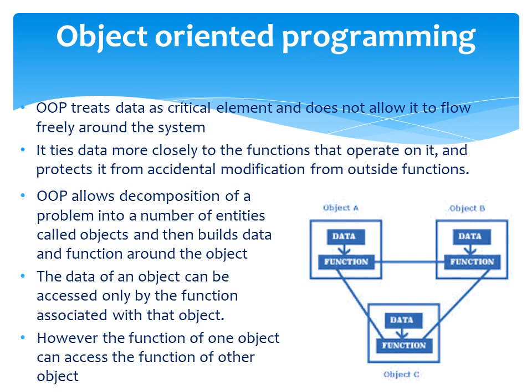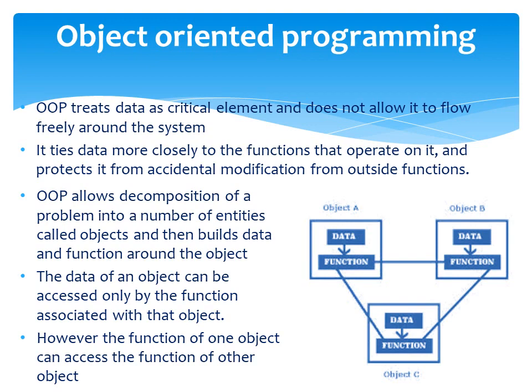Now, if A wants to access the data of B or the data of C, it cannot do so. However, functions of one object can access the functions of another object. This means that two objects can communicate with each other using member functions.